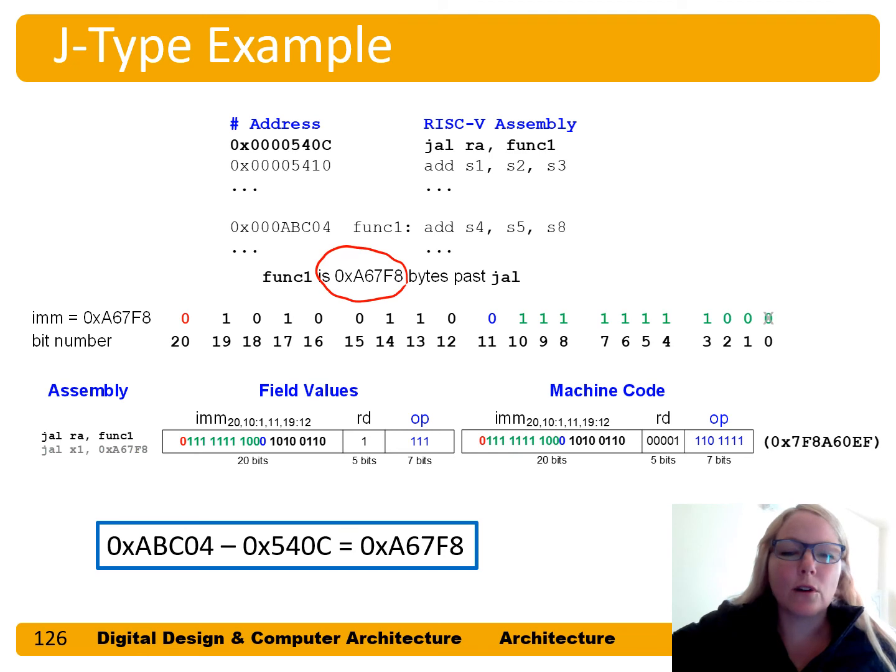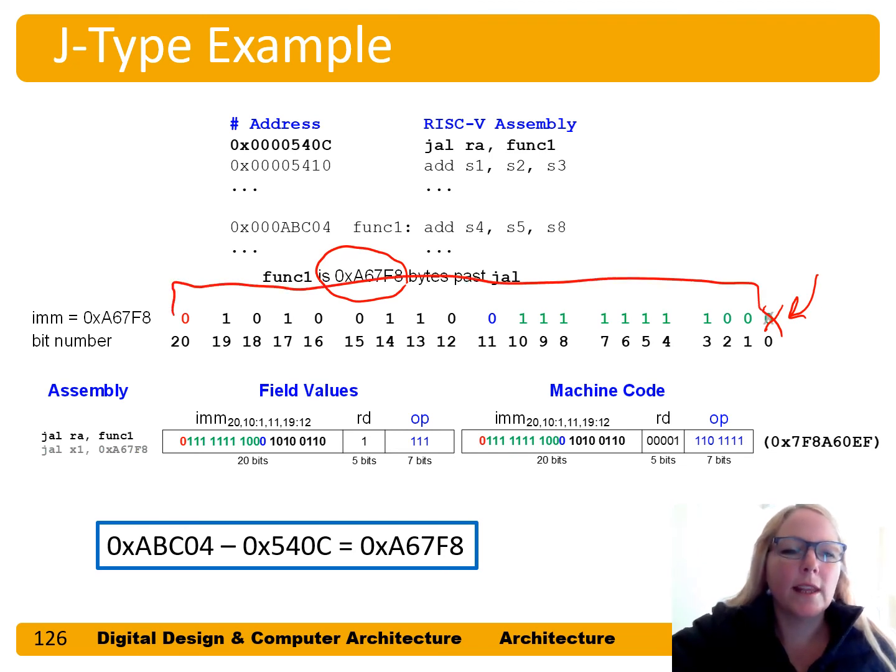Just like branch, for our J-type instructions for jump and link, here's our 21-bit immediate, but we're not going to encode that least significant bit. And so we encode all of the other bits 1 to 20 in our immediate field. And again, some strange bit swizzling here.